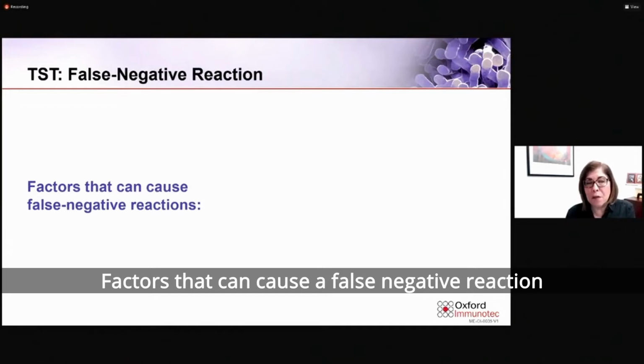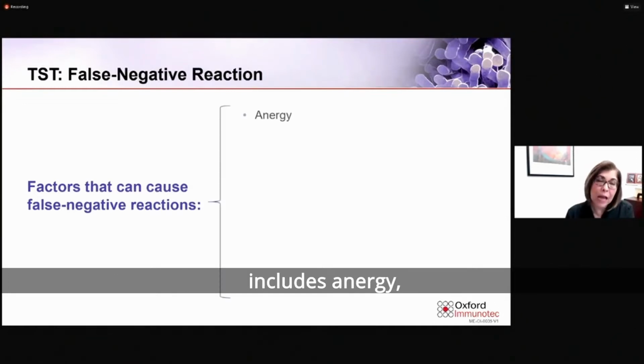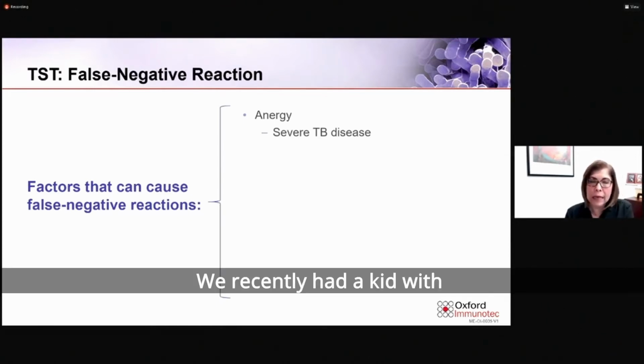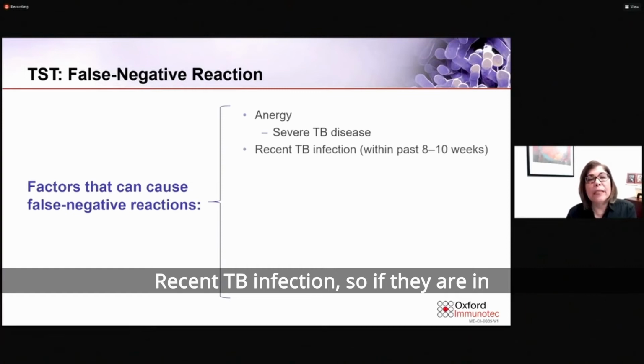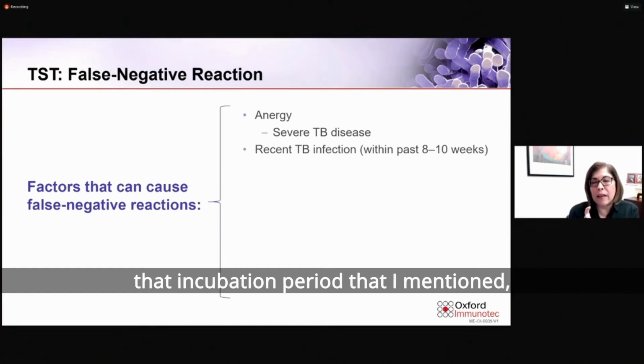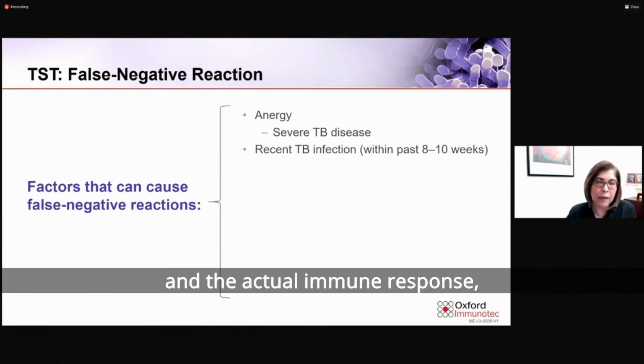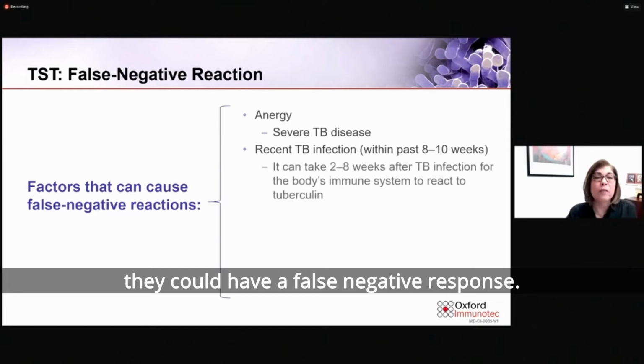Factors that can cause a false negative reaction include anergy, and that can happen when a person has severe TB disease. We recently had a kid with miliary TB disease that was anergic, so his PPD was negative. Recent TB infection, so if they are in that incubation period that I mentioned, 8 to 10 weeks between the infection and the actual immune response, they could have a false negative response.